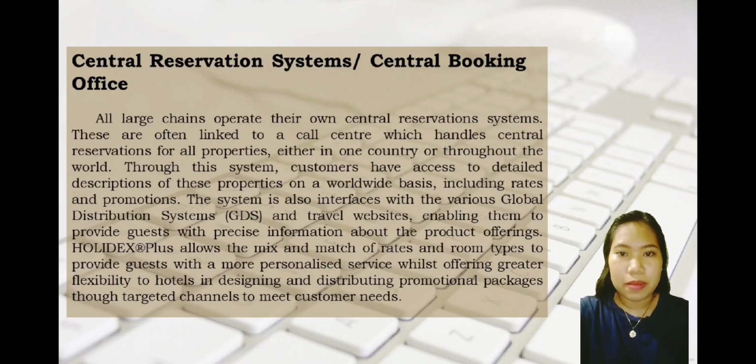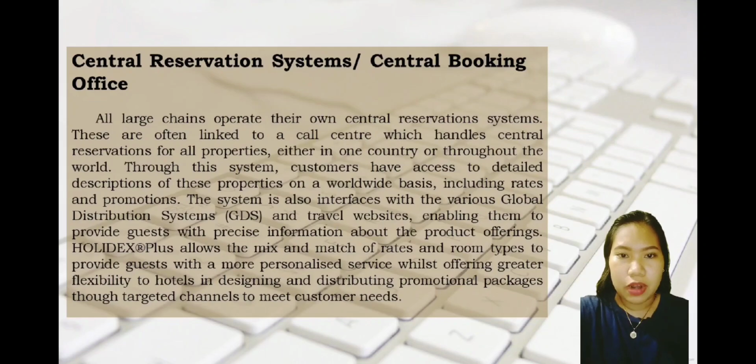Through this system, customers have access to detailed descriptions of these properties on a worldwide basis, including rates and promotions. This system also interfaces with the various Global Distribution Systems, or GDS, and travel websites, enabling them to provide guests with precise information about product offerings.